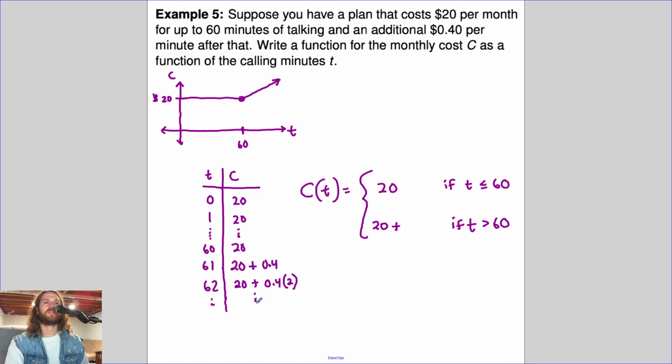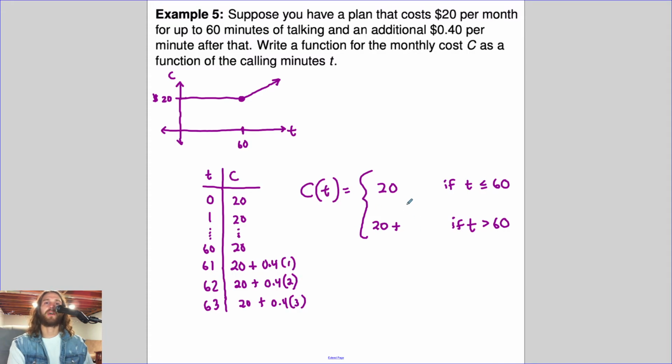If you don't see the pattern, do a couple more until you do see the pattern. Take a look. At 63, it's 20 plus 0.4 times 3. So the 20 is not changing. The 0.4 is not changing. But this is, right? This number, 1, 2, 3, is the number of minutes after 60.